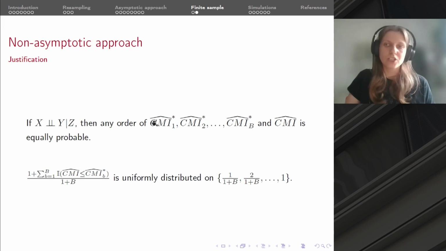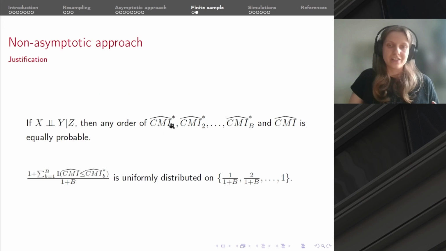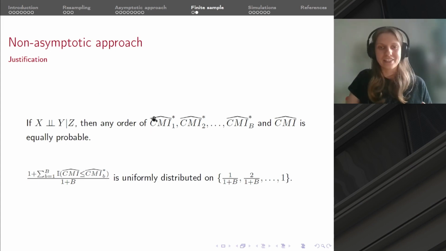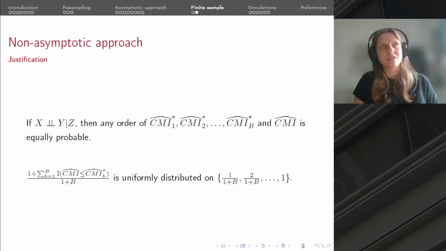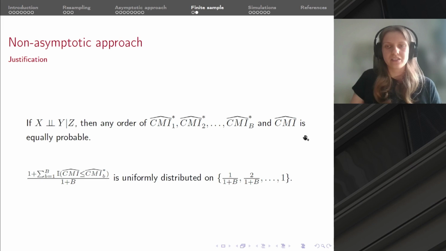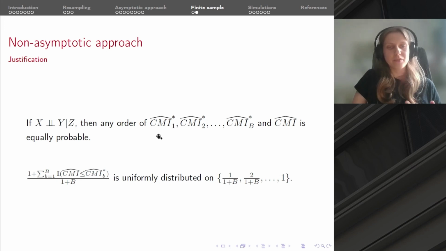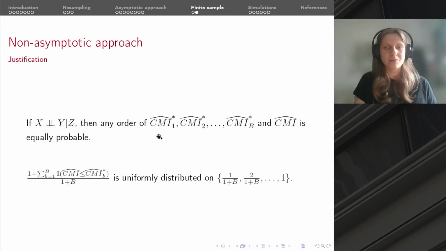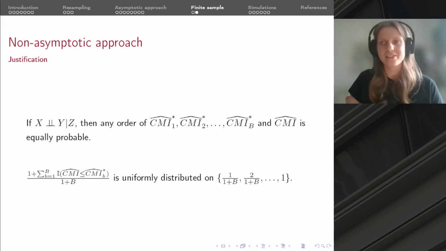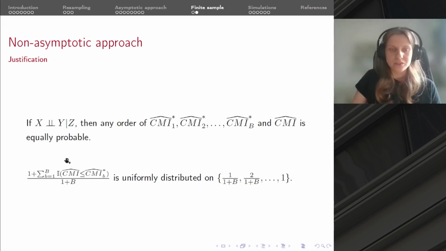So we also don't change the distribution of the resampled statistics computed based on the resampled data. So all of these statistics have the same distribution, and as they have the same distribution, we can reorder them, and any ordering is equally probable.